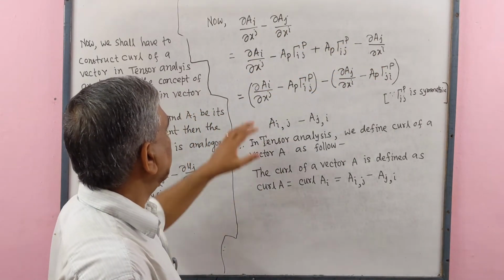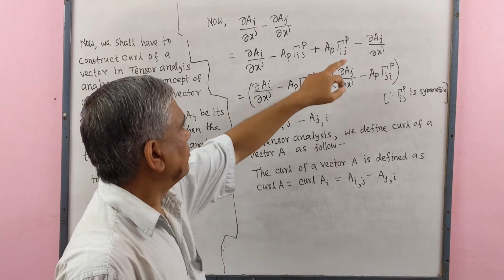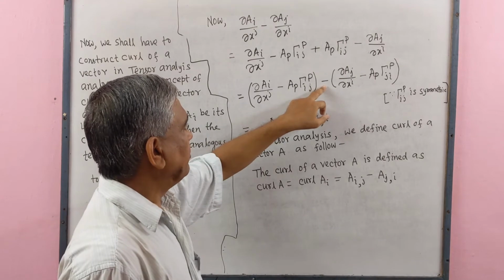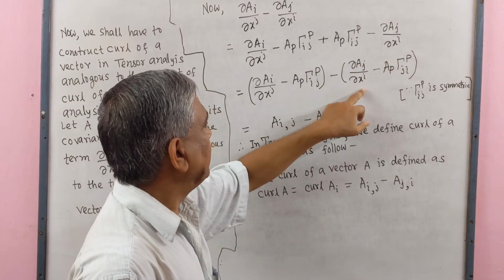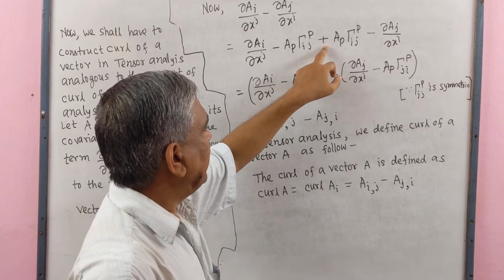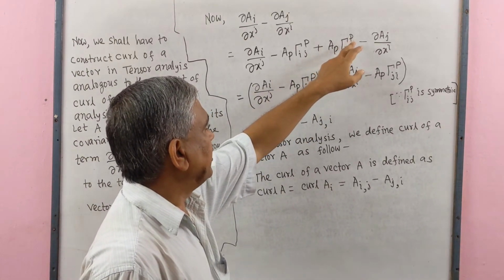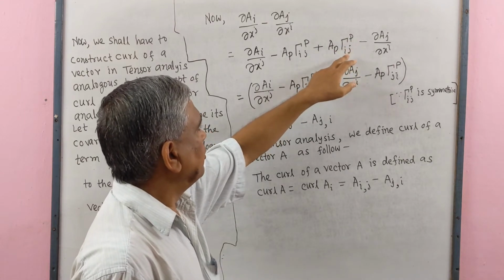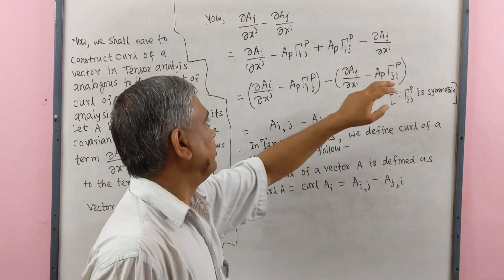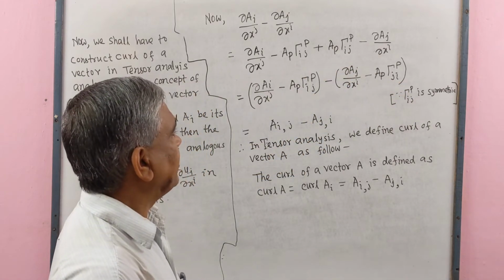We take these two terms in a bracket, then we take common minus del Aj by del xi minus Ap Christoffel symbol of second kind {p, ji}. We have written ji here because the Christoffel symbol of second kind is symmetric.